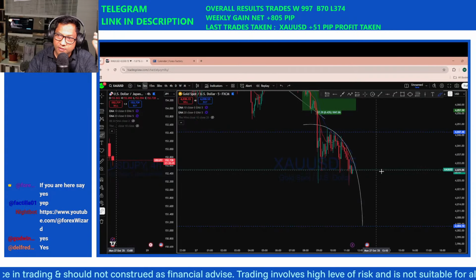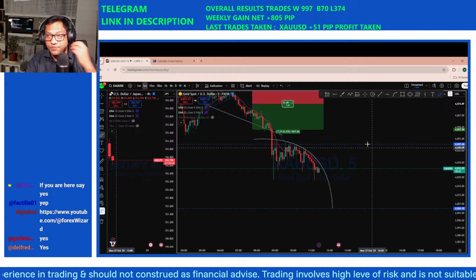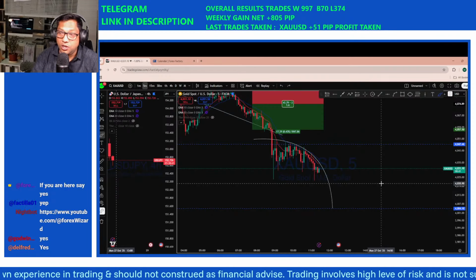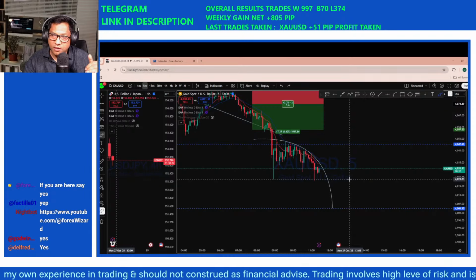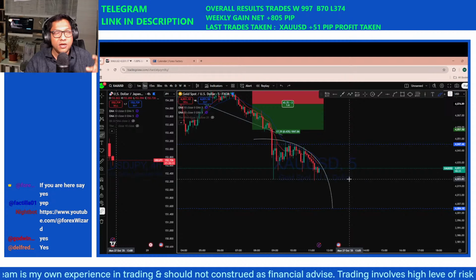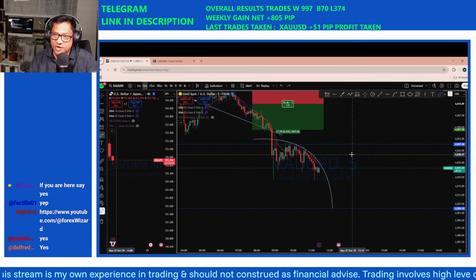You'll see that more often, and then it's very random. So how can you recognize those new structures, and how do you predict the move? Because there's a very fundamental way the market moves.